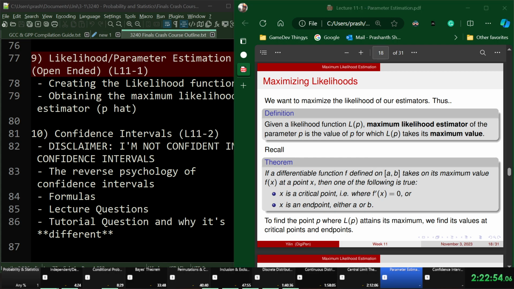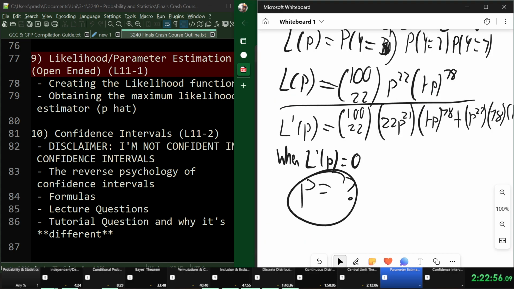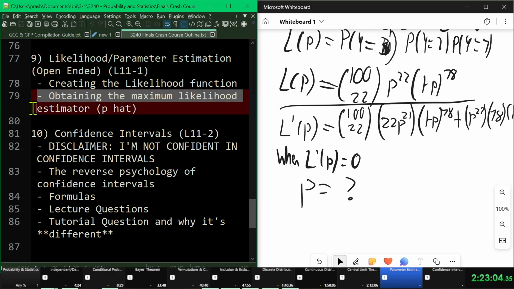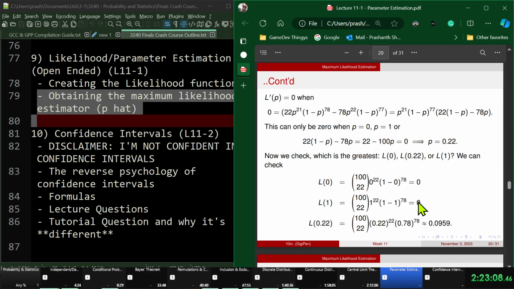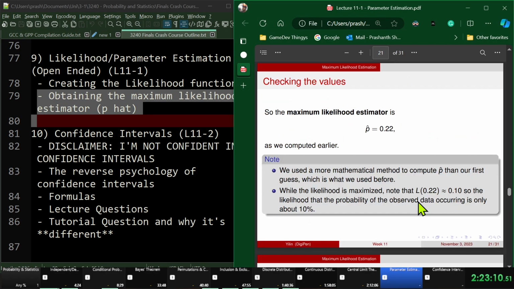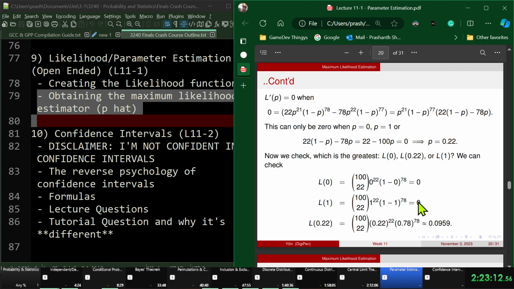Just sub these numbers back into your original L function and see which one gives you the largest value. That's how you obtain p hat.